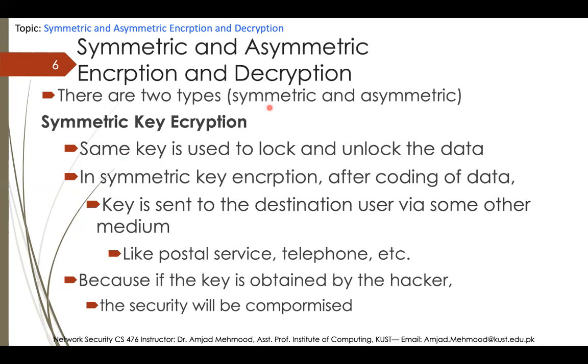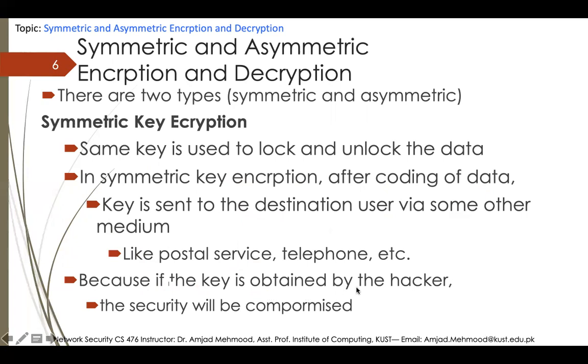In symmetric key encryption, after coding of data, the key is sent to the destination user via some medium like postal service or telephone, because we cannot send the key over the network. If that key is received by or hijacked by some intruder or malicious user, then your confidentiality and integrity will be lost.